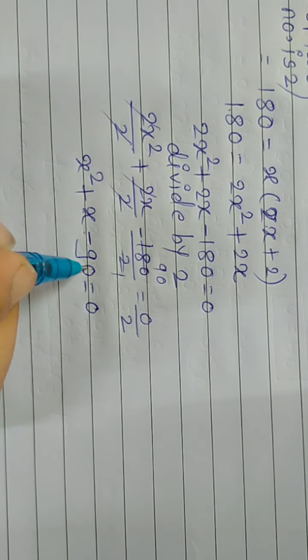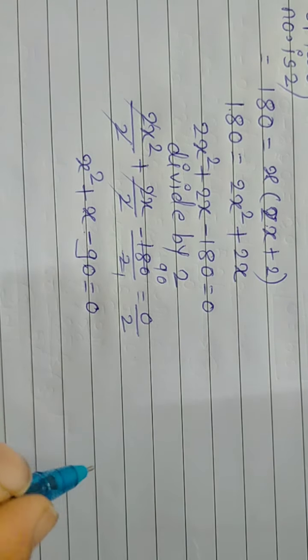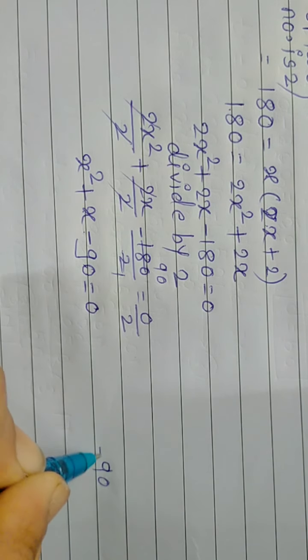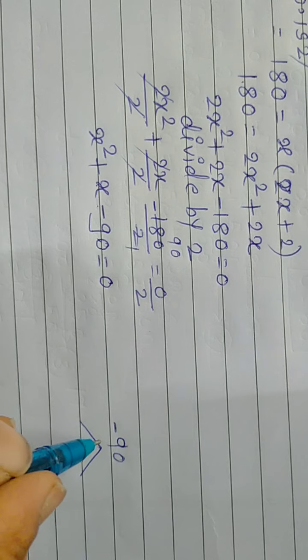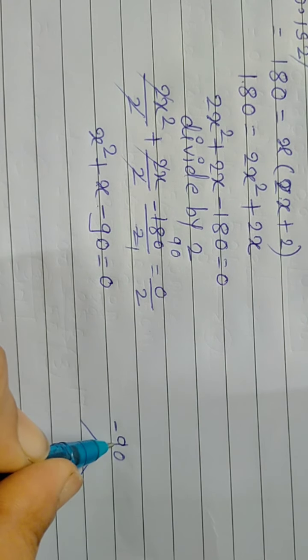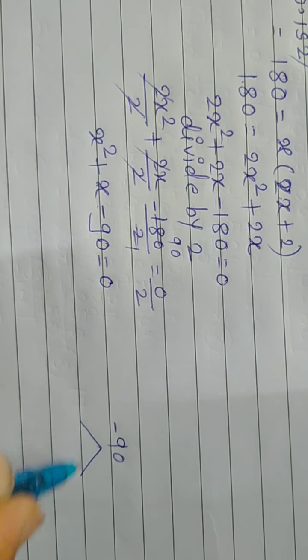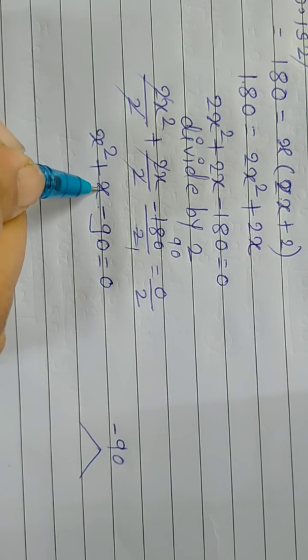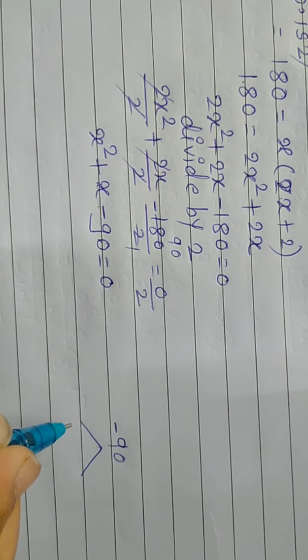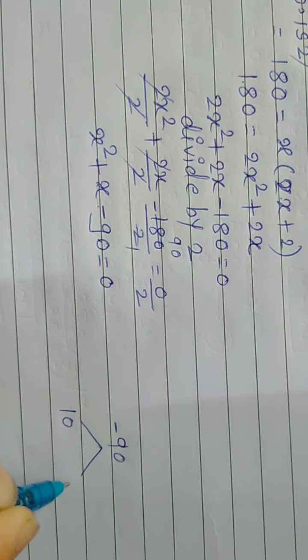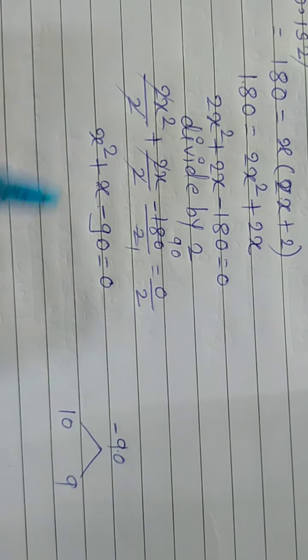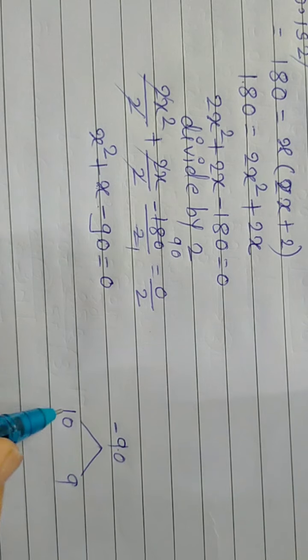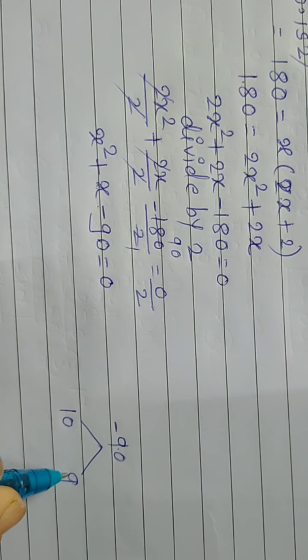So we have to find the factors of this 90. Means find the two numbers whose multiplication gives minus 90 and whose subtraction gives plus 1. So which are these two numbers? 10 nines are 90. Okay, but here it is plus 1. So give the signs to this 10 and 9.